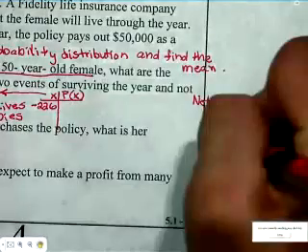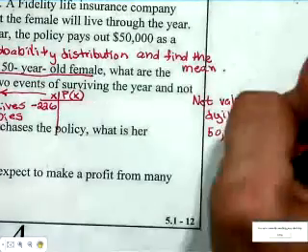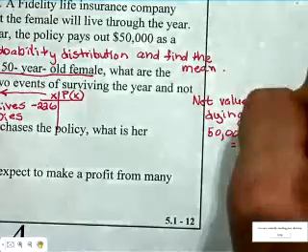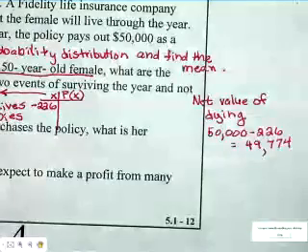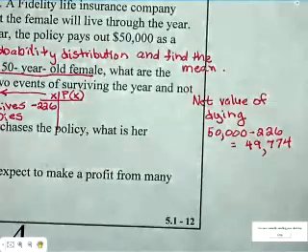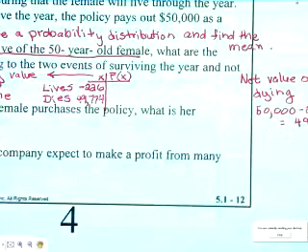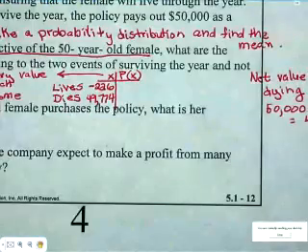So really, the net value is $49,774. Watch out for that. $49,774 is the actual change in the estate's value that year.